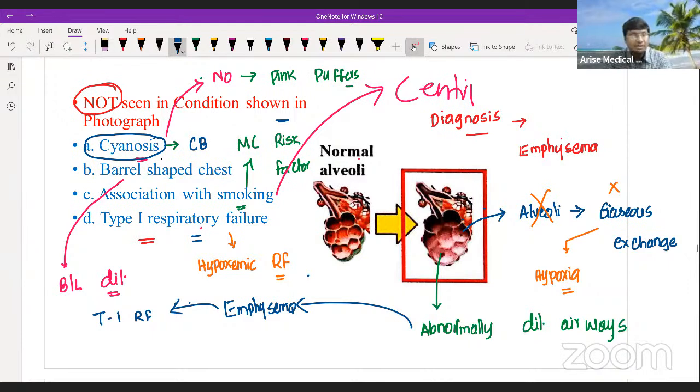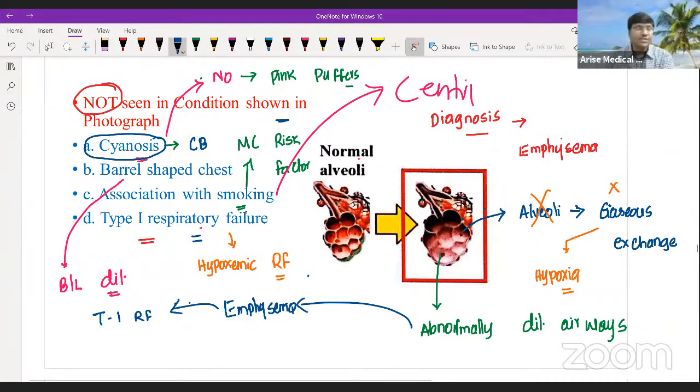That is what you will observe in patients with emphysema. So in emphysema, you will have pink puffers, no cyanosis. In emphysema, there will be a barrel shaped chest. Why? Because of the bilateral hyperlucency.